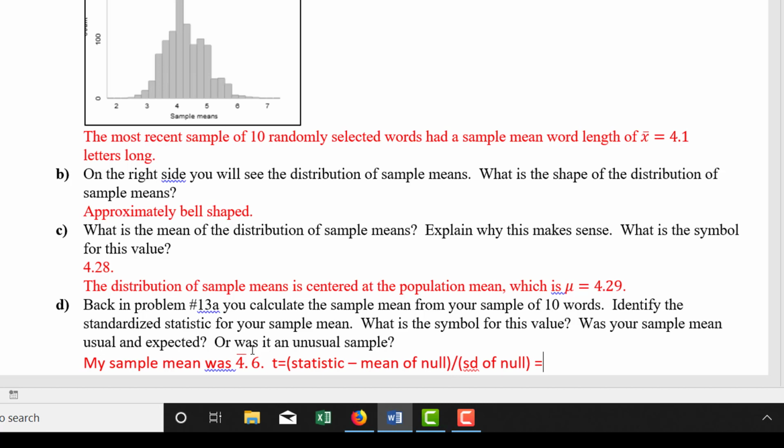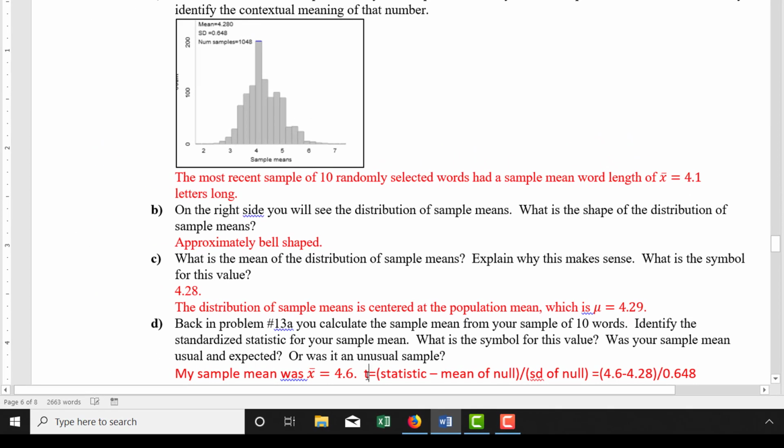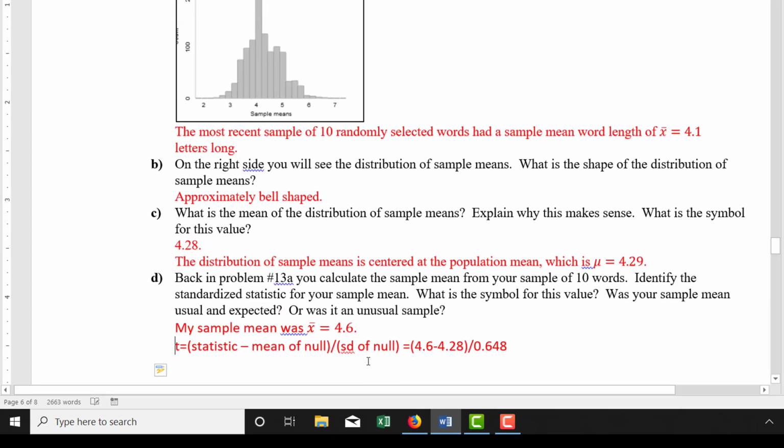So in this case, our statistic was 4.6, minus the mean of the null distribution, which was 4.28 in my simulation, divided by the standard deviation in the simulation, which was 0.648. Notice I'm using the values from the simulation to get my t-score here. If you divide that out, we get 0.49.